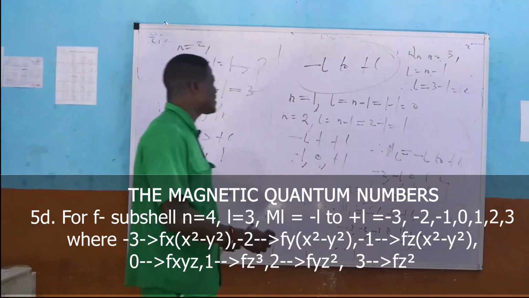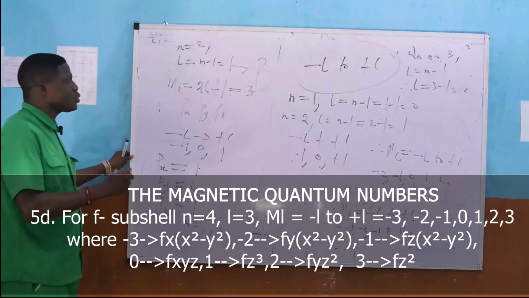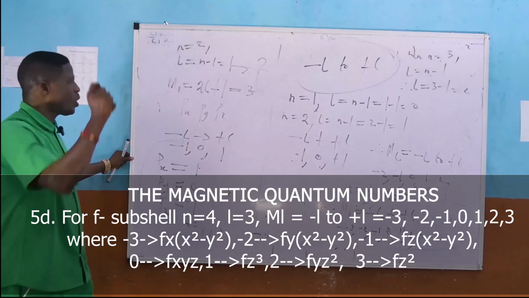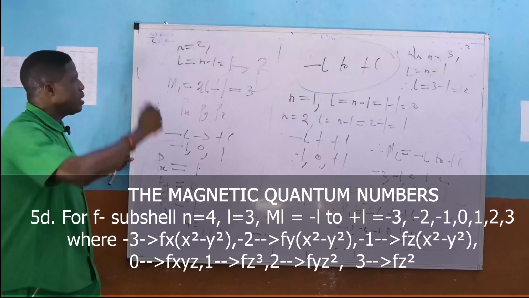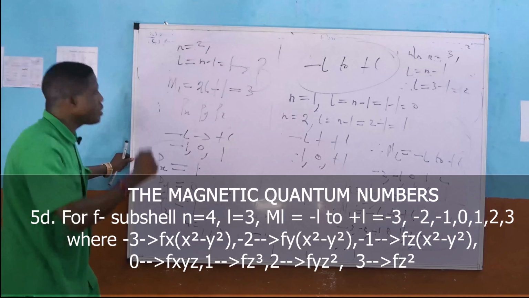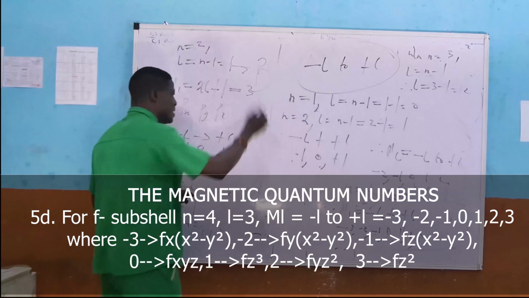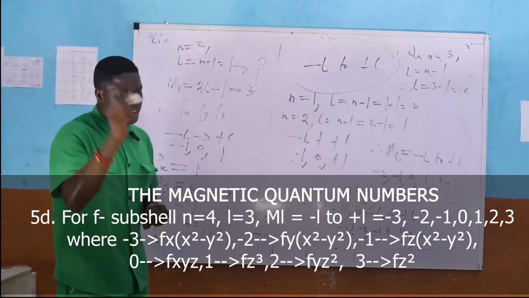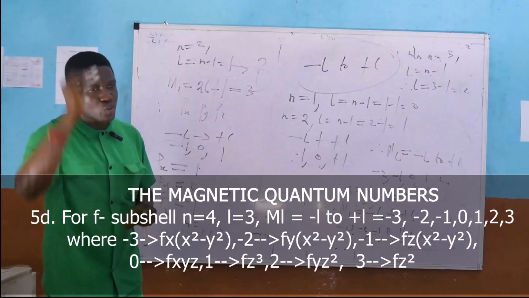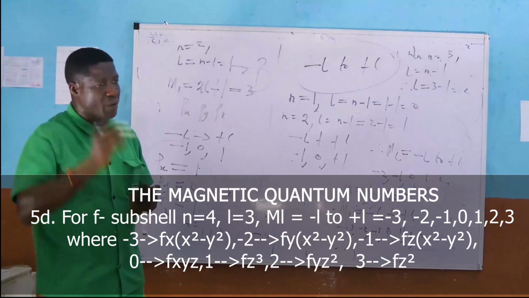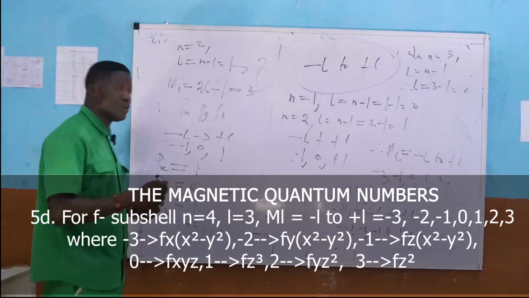So I think with this, we have been able to establish conclusively all you need to know concerning the magnetic quantum number, especially on the aspect of dividing the subshell into sub-shell. Please have that at the back of your mind. And most significantly, don't forget it.